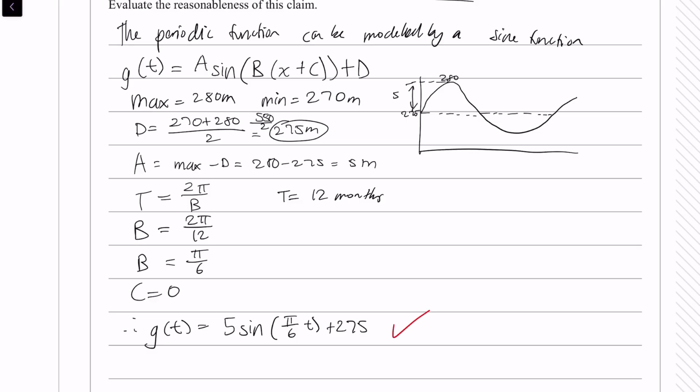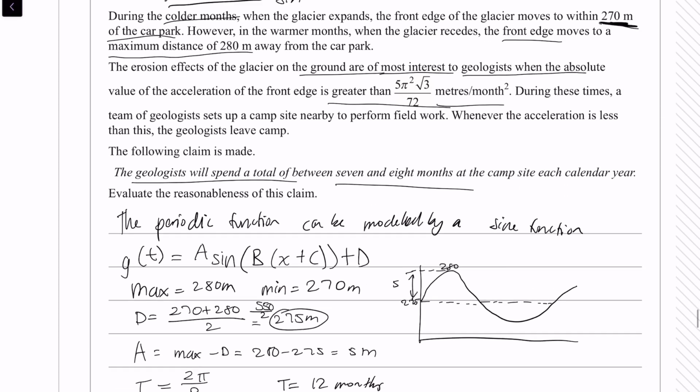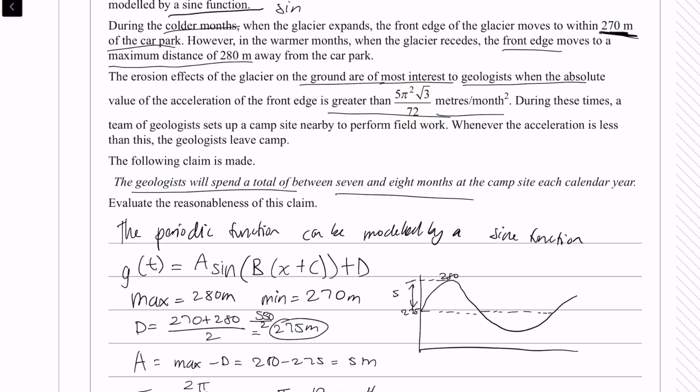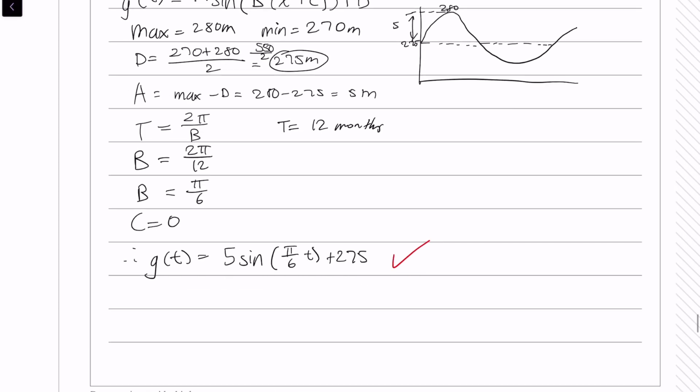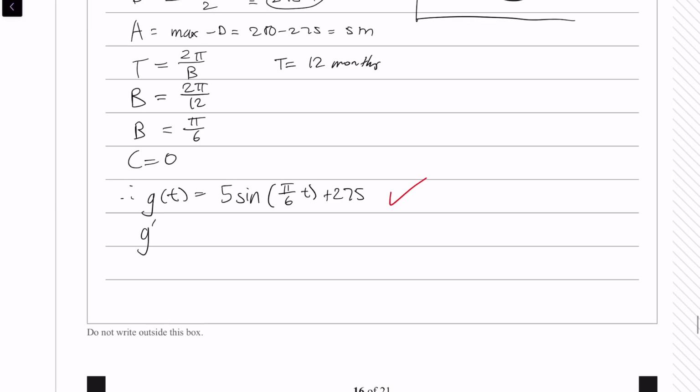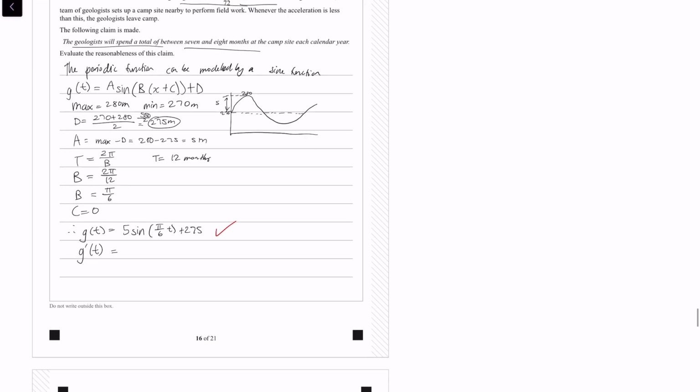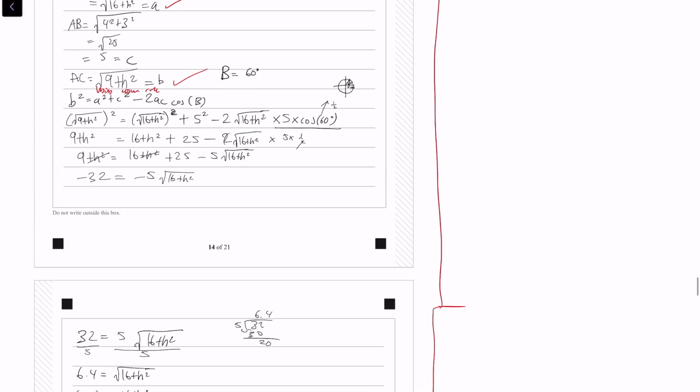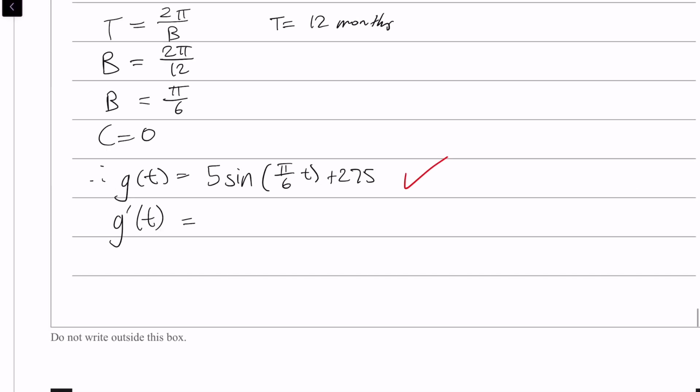And then the second part is really about moving on to differentiating. So we need to now find the velocity, or the derivative of the displacement function, by using our formula. Differentiating sine is just turning it into a cos and taking that B value on the outside. So we're taking 5 times pi on 6 cos and keep everything the same in there.